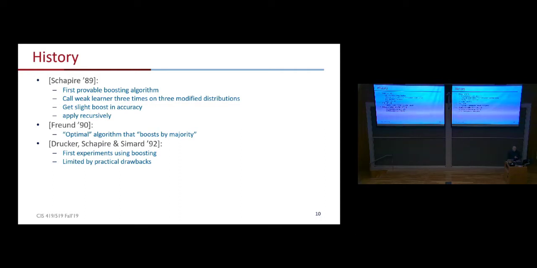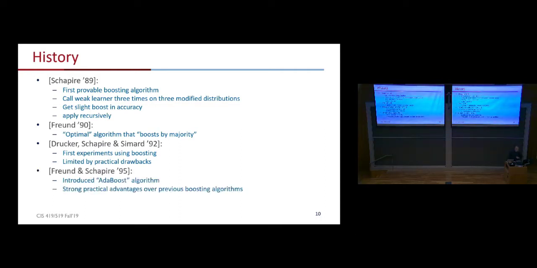They couldn't get it to work. A few years later, Freund and Schapire introduced a new algorithm called AdaBoost, for adaptive boosting, which is a variation of the 2 previous boosting algorithms. And this was shown to have strong practical advantages over previous boosting algorithms, and the rest is history.